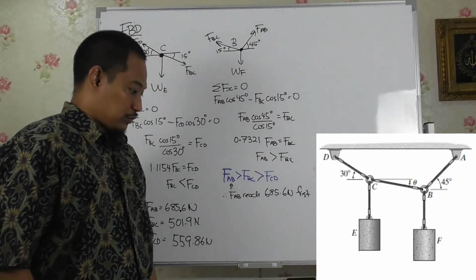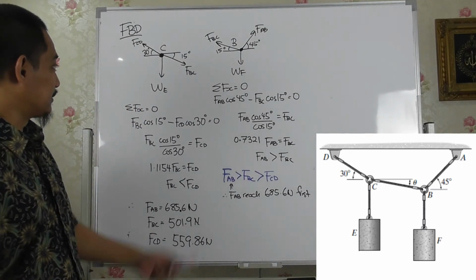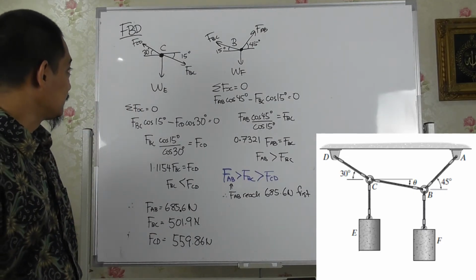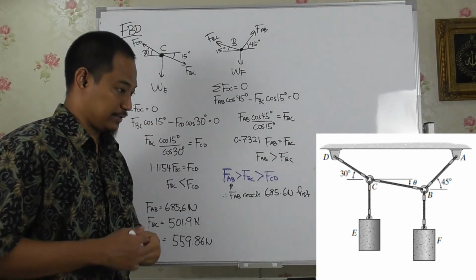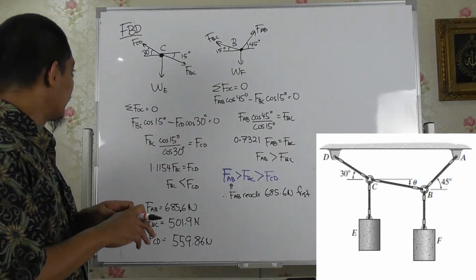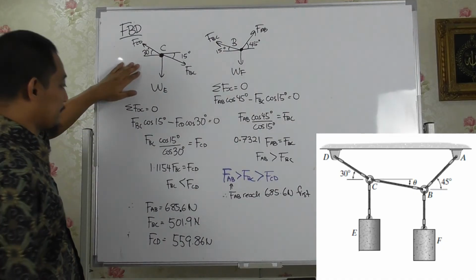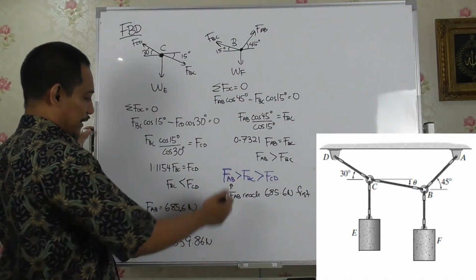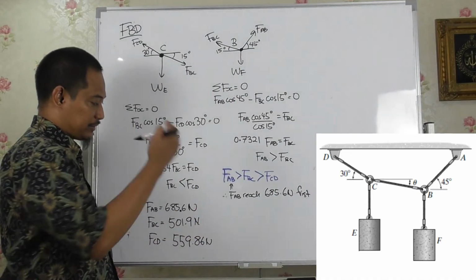Okay, so having all of this, then we can solve for WE and WF, right? We haven't done the summation of Fy yet. So for this one, in the exam you have to relate properly, right?